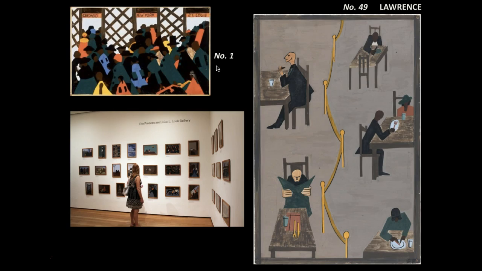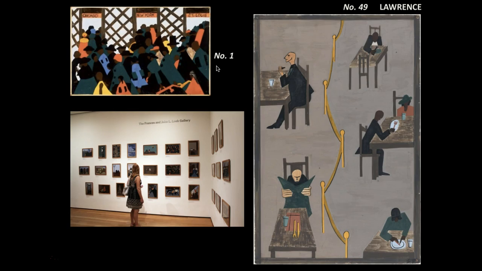This is considered the biggest part of a series, with 60 panels, which chronicles mostly the Great Migration, which Lawrence's parents experienced when they moved from South Carolina to New Jersey. This panel on the right is towards the end of the series.